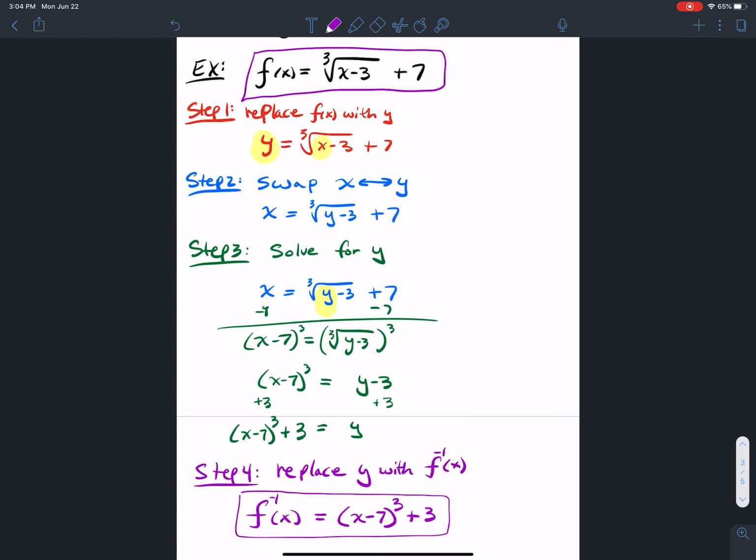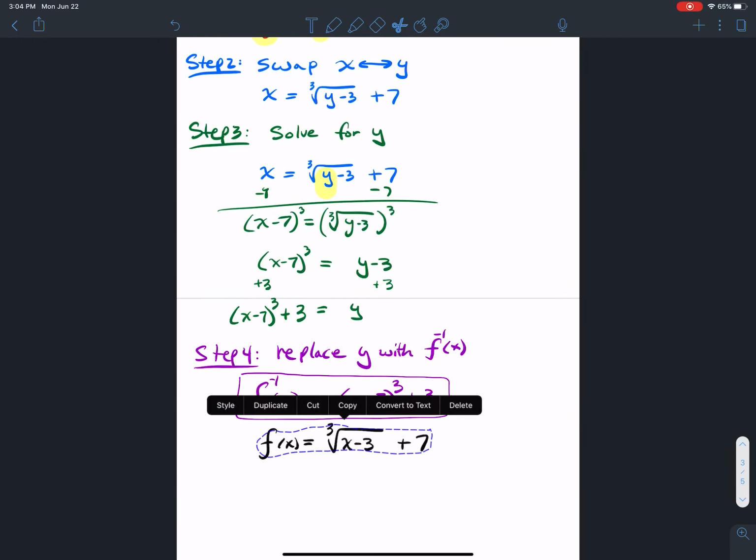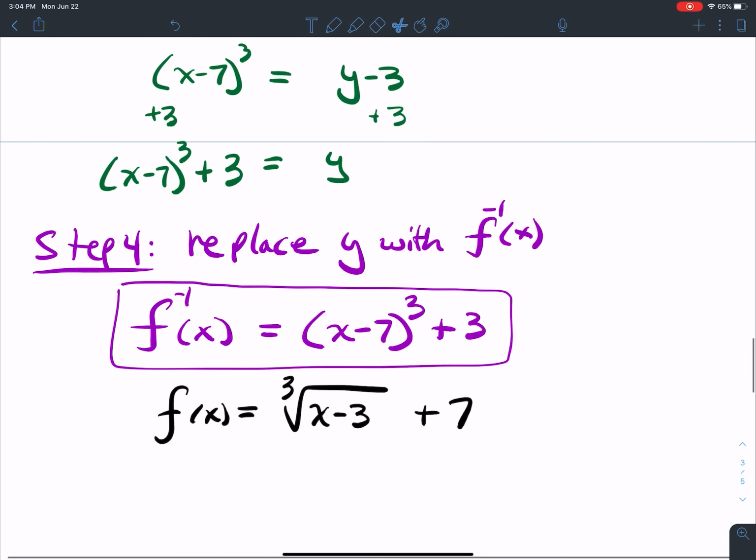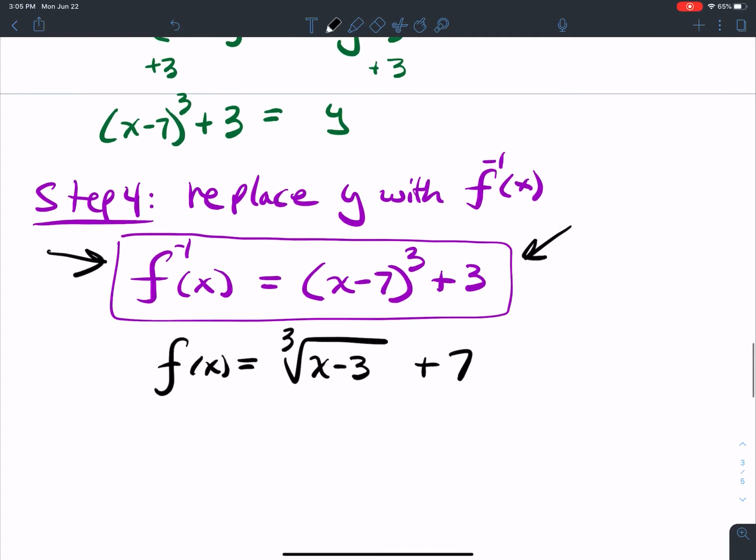So let me copy this in. That's my answer right there, f inverse. That's the inverse function.